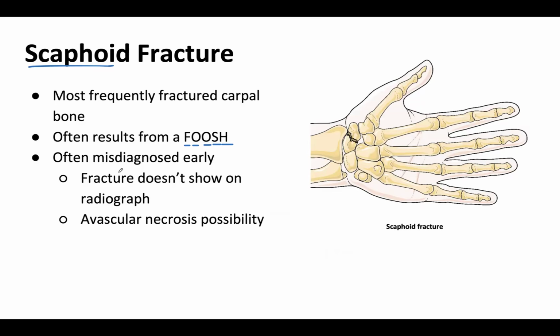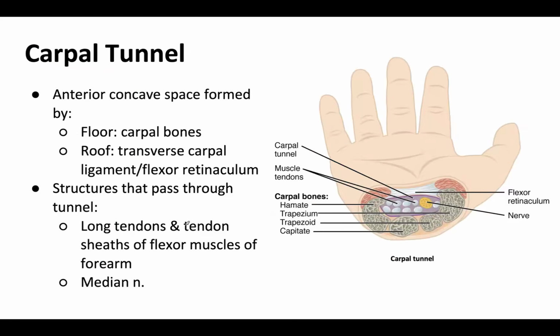So if the fracture disrupts those few vessels, that can cause avascular necrosis, or bone death, if not treated. So often, even if a fracture doesn't show early in a radiograph, physicians will still treat it as if there is a fracture to help prevent avascular necrosis.